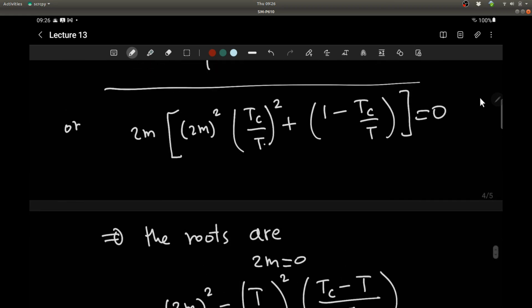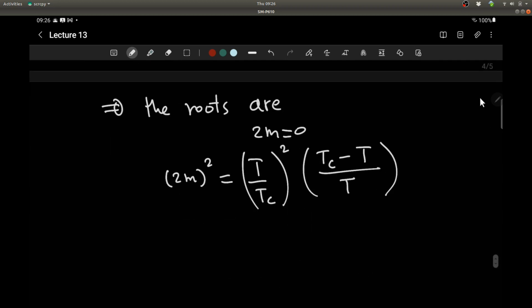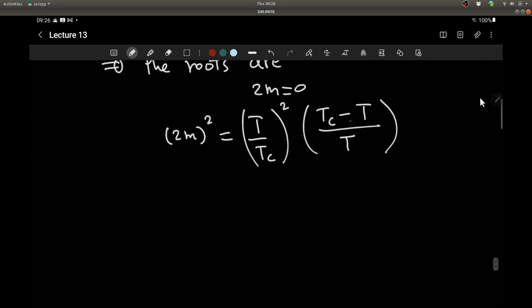So you just have to rearrange a bit. You can trust that what I have got is correct. So that you can see that this is 2m whole square. So this gives plus or minus, okay.